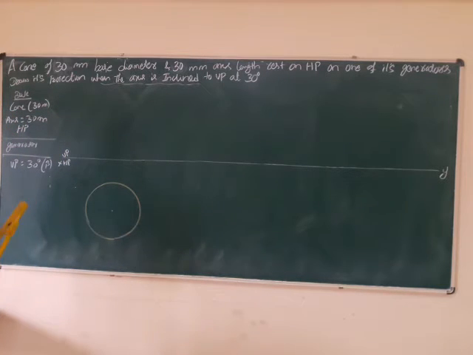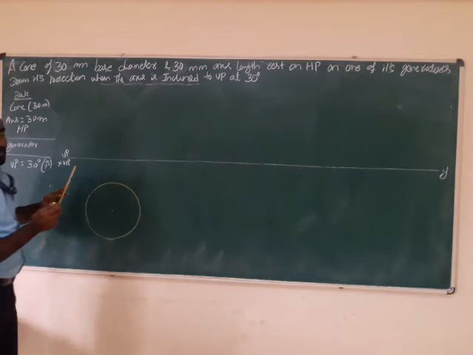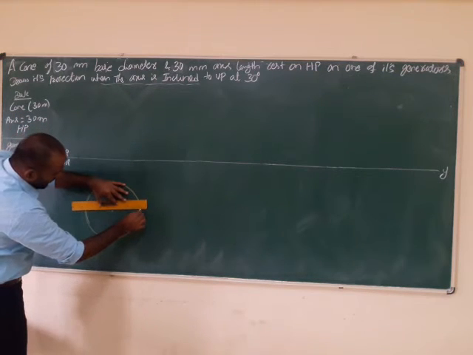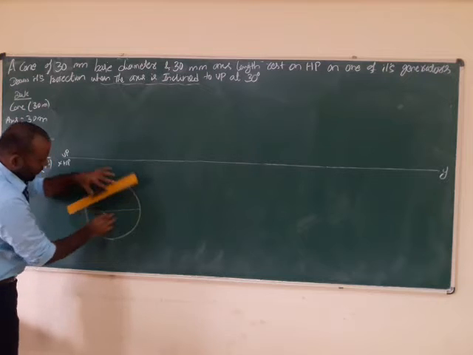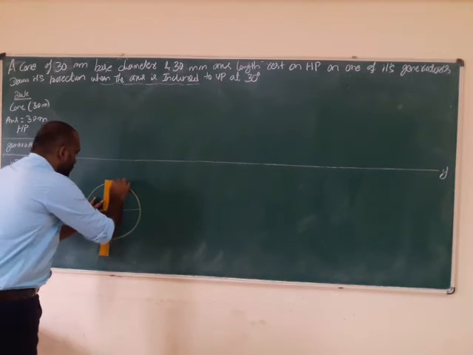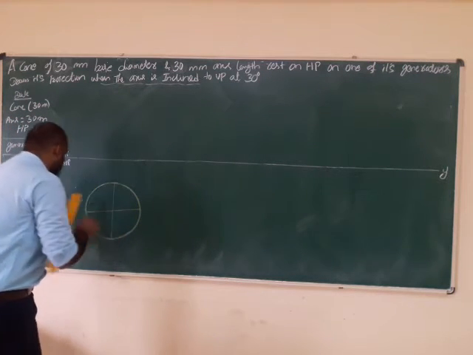Now the diameter is 30. Now we have to create a corner for the projection, so draw one horizontal line through the point and one vertical line through the point.